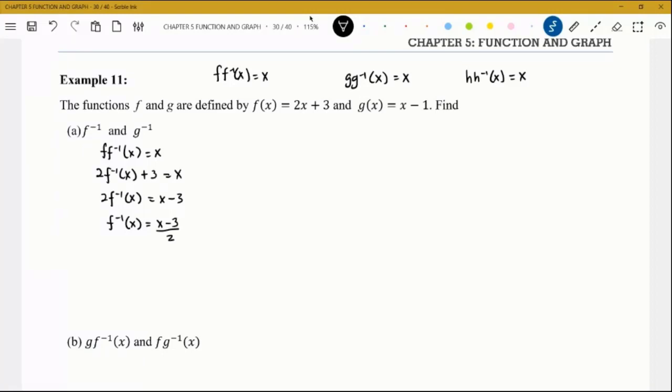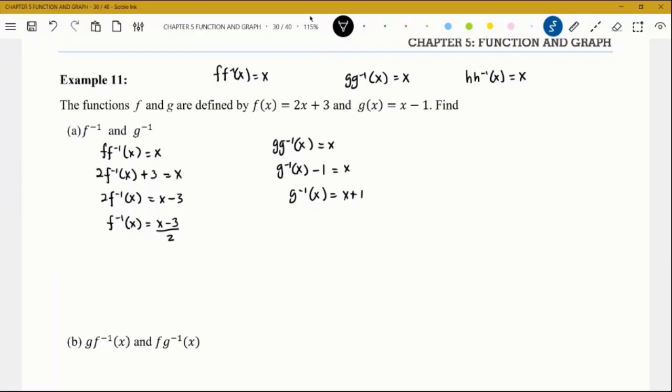Okay, itu adalah F inverse. For the G inverse, G inverse minus 1 equal to X. We substitute the X here with G inverse, and then directly we can have the G inverse equal to X plus 1. Okay, so F inverse dah ada, G inverse dah ada.